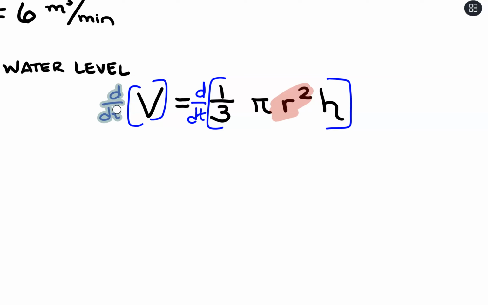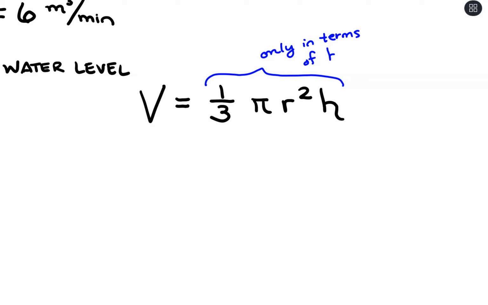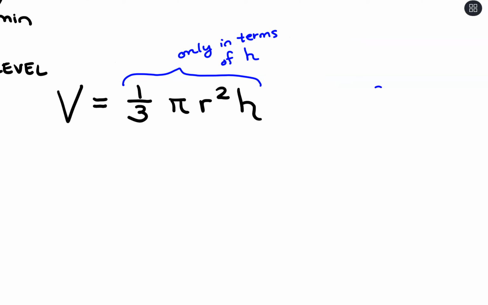So what we want to do is simplify this so that we can express this volume only in terms of h. So we want to make an adjustment so that this is only in terms of h. We could also change this so that it's only in terms of r, and when I would do that is if the question was asking about how the radius was changing with respect to time.